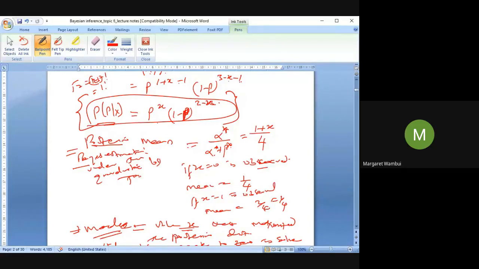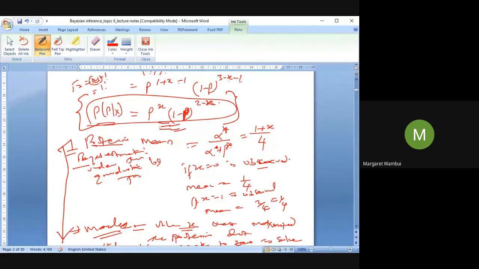Once you get your x, then find out whether it gives you a value which is greater than 0 or less than 0. If you get a value which is less than 0, then that value of x gives you the mode of that distribution. And those are actually the steps that we follow.